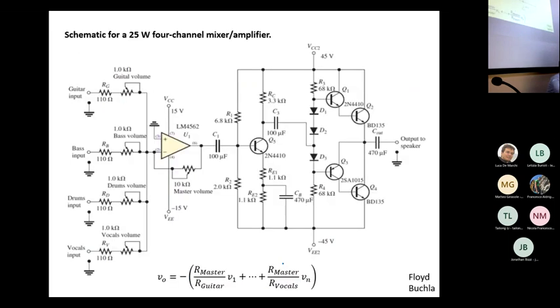So this is an example of a 25 watt 4-channel mixer and amplifier. The idea is that you have the weighted summer at the beginning of the processing chain, and you can use potentiometers to change the weight of the different branches.